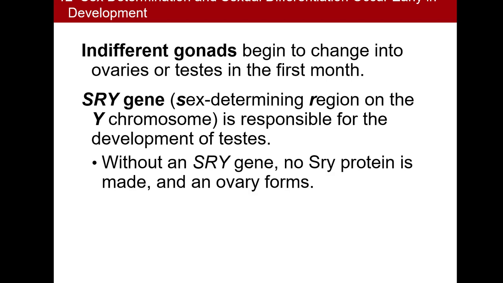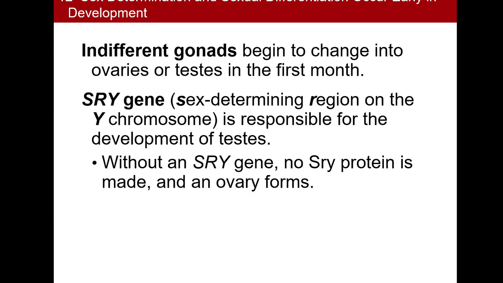So what happens is that if an individual has a Y chromosome, there's a portion of that Y chromosome that is called the Sry gene. The Sry gene sets into motion this process that will lead to the development of the testes. So those indifferent gonads will become testes if you have this Sry gene.